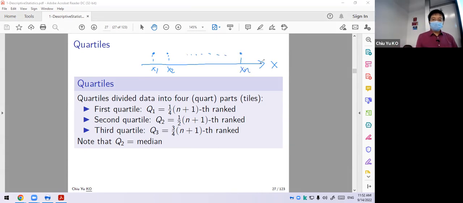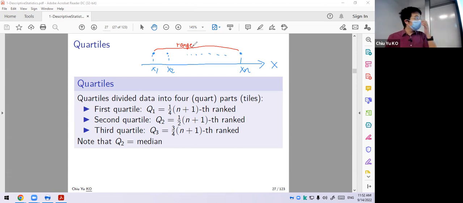What we learned is that the distance from X1 to Xn is called the range. Because you just look at the maximum and the minimum, it is affected by how the biggest and smallest numbers change. So you want to avoid this.